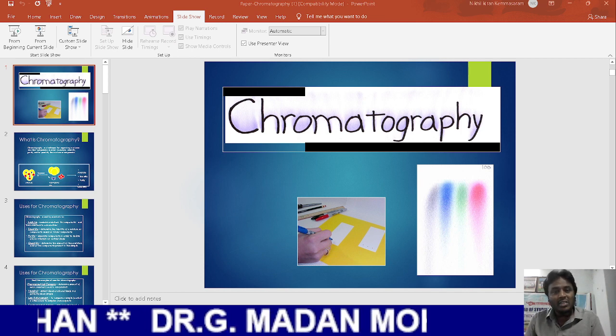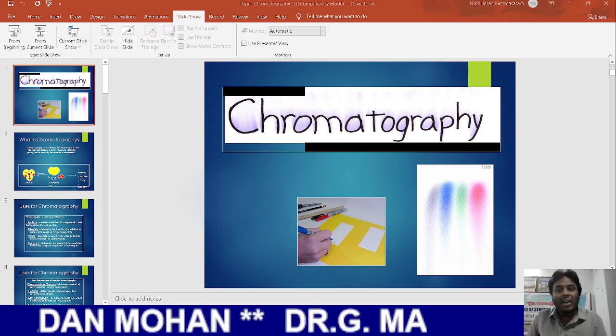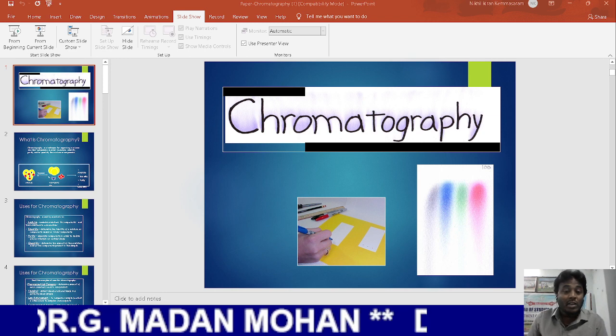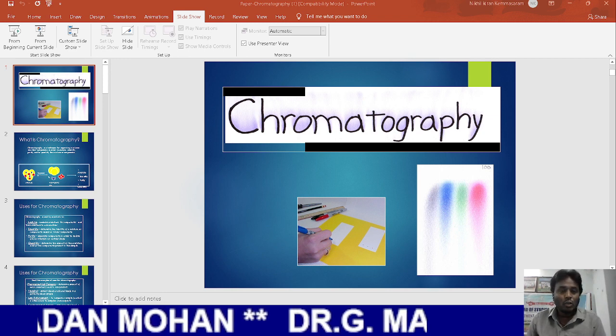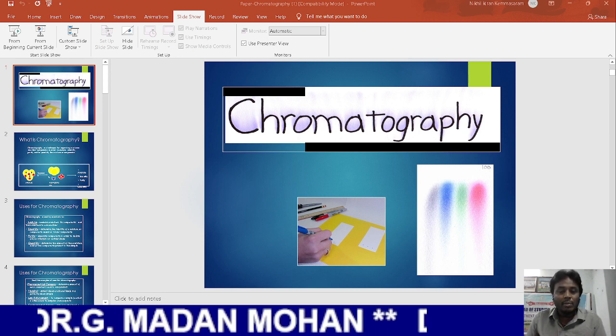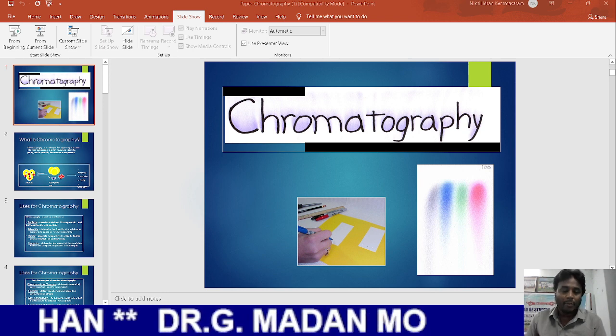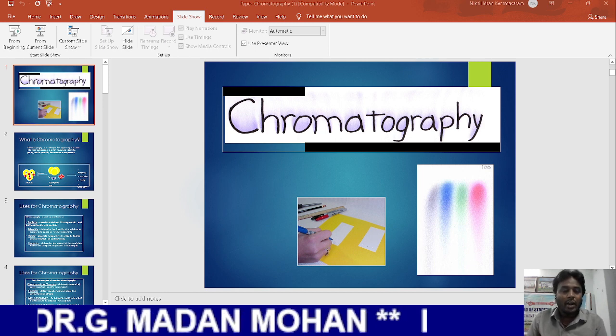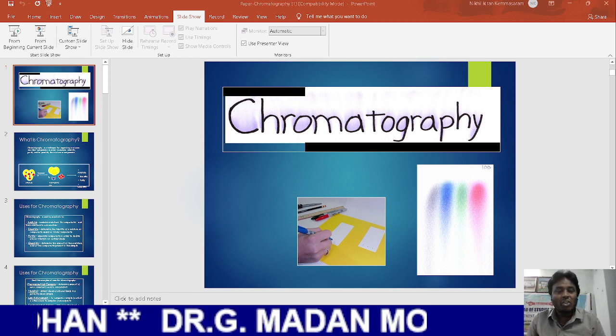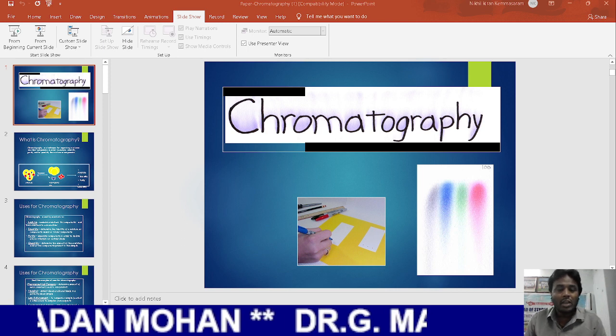If the mobile phase is a liquid, it is called liquid liquid chromatography. If the mobile phase is a gas, it is called gas liquid chromatography. Paper chromatography comes under liquid liquid chromatography, whereas column chromatography comes under solid liquid chromatography, where the stationary phase is solid and the mobile phase is liquid.